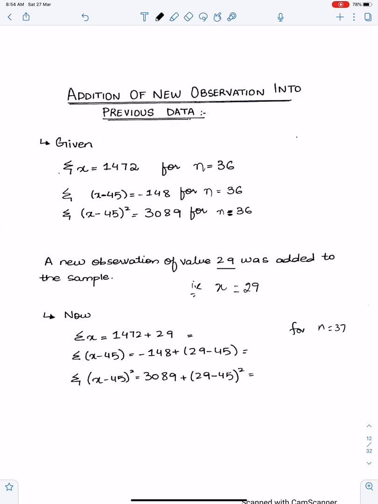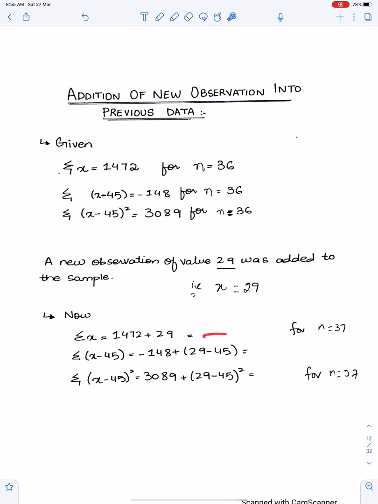I don't have the calculator, otherwise I could evaluate this thing. You should evaluate this thing yourself, and this as well, and this as well. So make sure when you add something into this, you can add directly. You can add 29 directly into this, and you will get the answer.